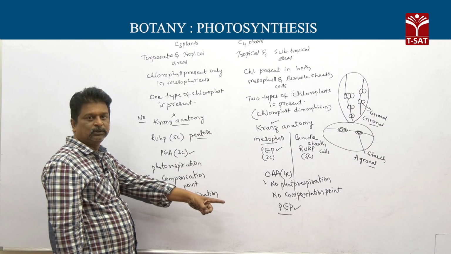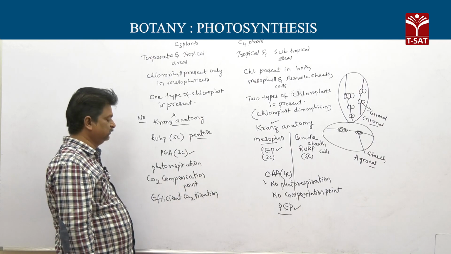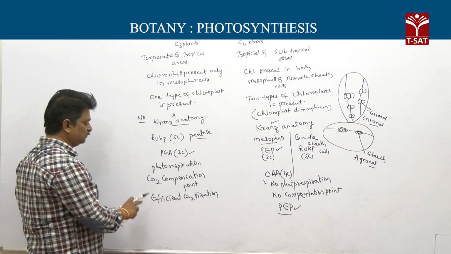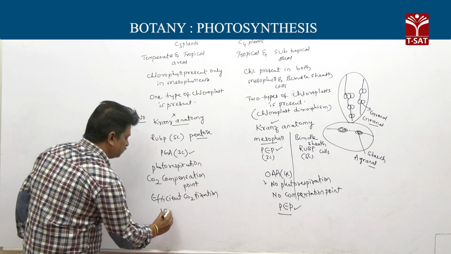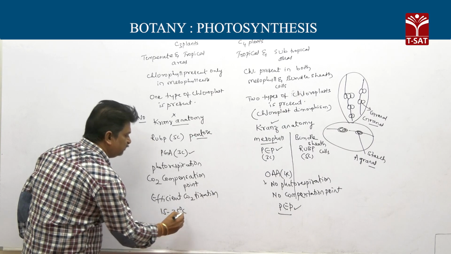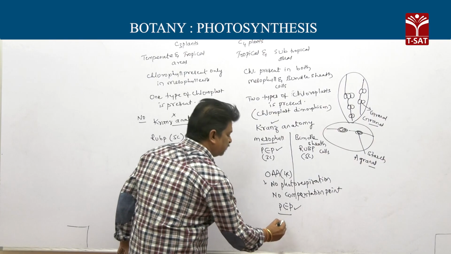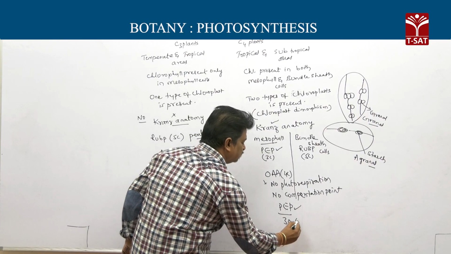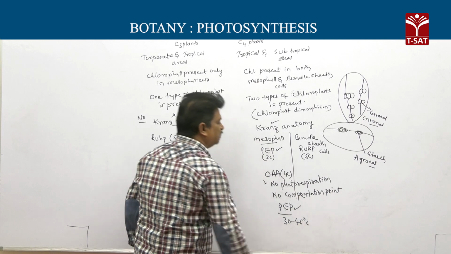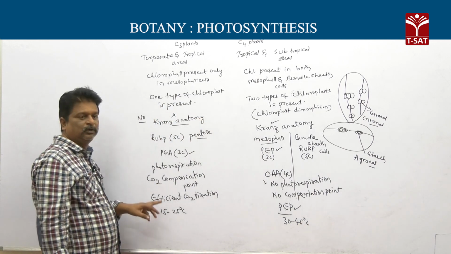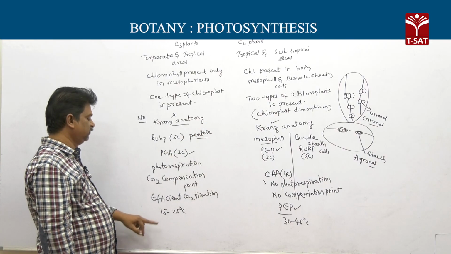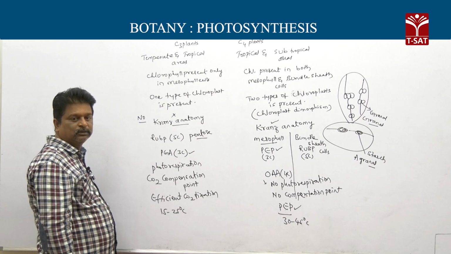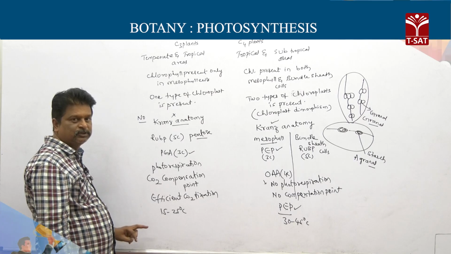Then next one, optimum temperature in C3 plants is 15 to 25 degrees. Optimum temperature for C4 plants, 30 to 45 degrees. So next one is photorespiration.